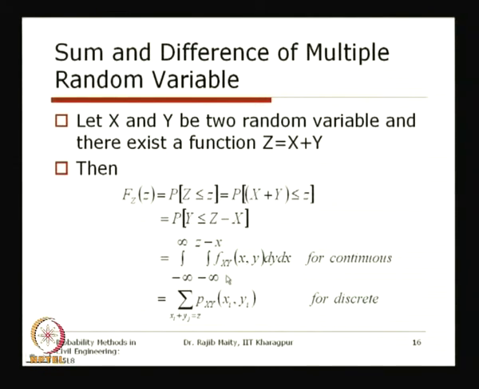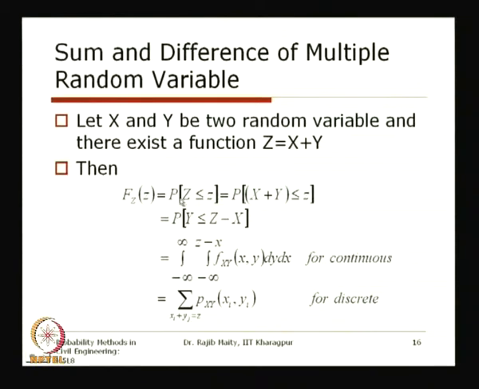So, to start with, let us take the sum and difference of random variables. Let X and Y be two random variables, and there exists a function Z equals X plus Y. Now, if this is the function, then F_Z(z), as you know from the CDF, is the probability that the random variable Z is less than or equal to a specific value z.